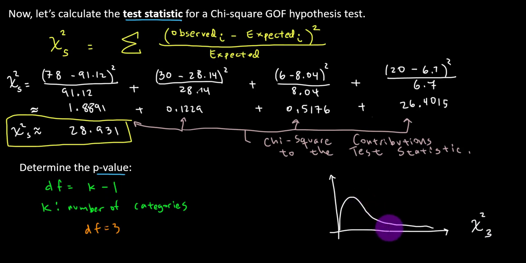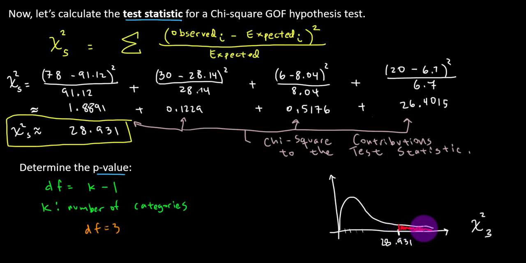Remember, this distribution is very different looking and has very different tick mark values. 28.931 is going to be pretty far off in the tails. Regardless, the p-value is always the probability of observing the results that you observe in your sample or something more extreme.